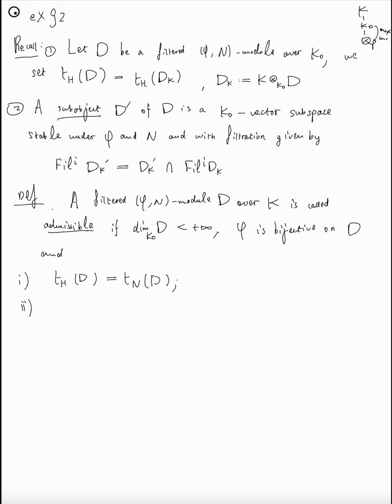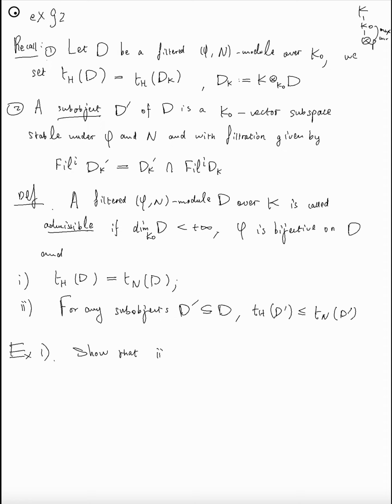Moreover, for the submodules D prime in D, we will require the Hodge number is always less or equal than Hodge number of D prime. So the first part of the exercise: show that condition 2 is equivalent to reverse the direction but defined on quotient objects.